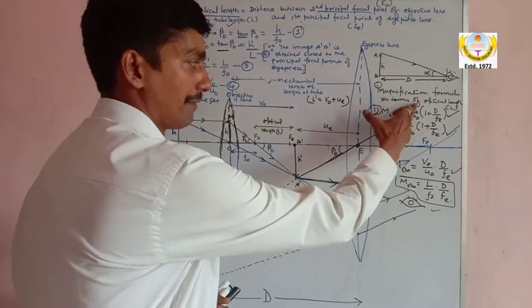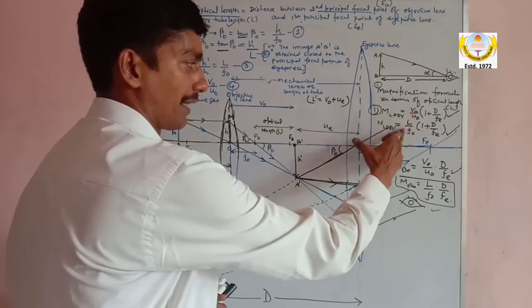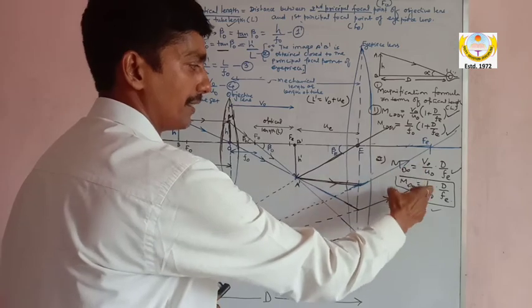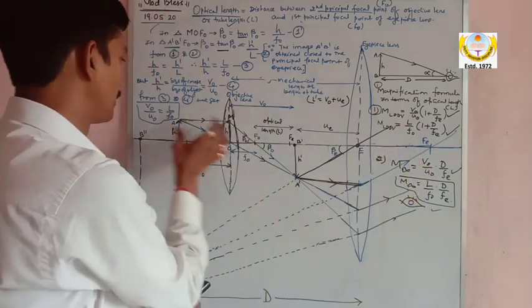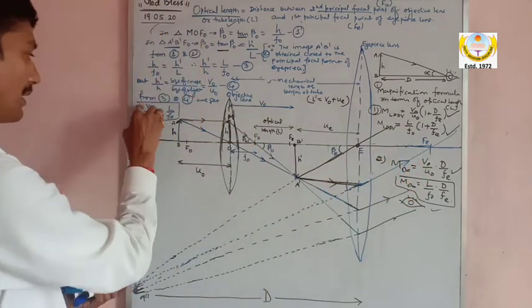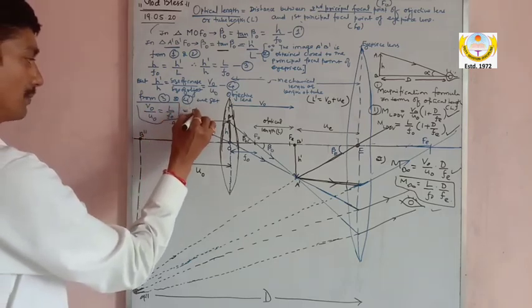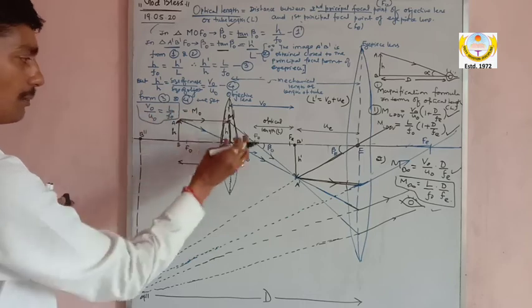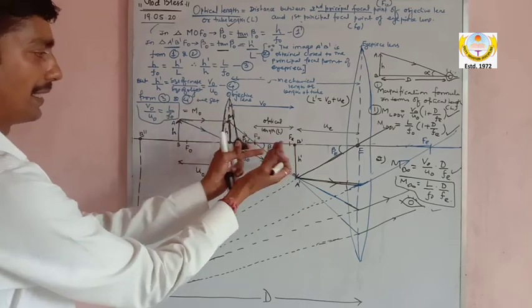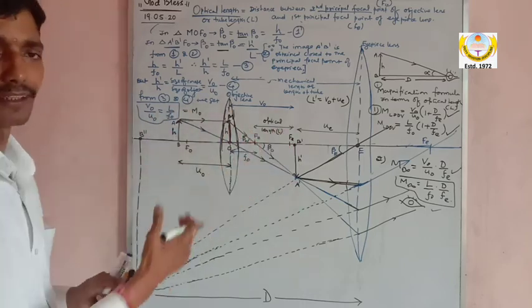This is also a magnification done by the objective, my dear. L by FO is what? This answer is nothing but the magnification done by the objective lens, that is nothing but MO. So how much this objective lens magnified, I have written in terms of optical length. Take care of that.